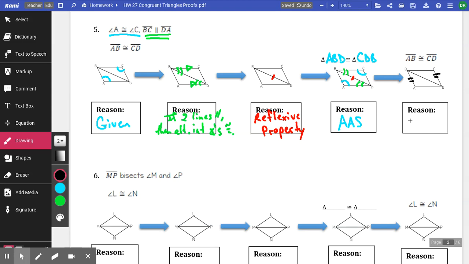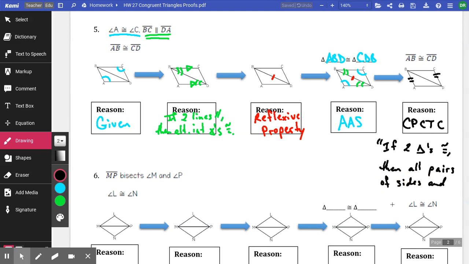We have a reason for that, and we could write out a very lengthy reason, but we are just going to simply put the 5 letters CPCTC, which stand for the words corresponding parts of congruent triangles are congruent. And that's all you have to put. But if you want to make a note for later, what these 5 letters really mean are, if you know 2 triangles are congruent, then you're supposed to know that all pairs of sides and angles are congruent.